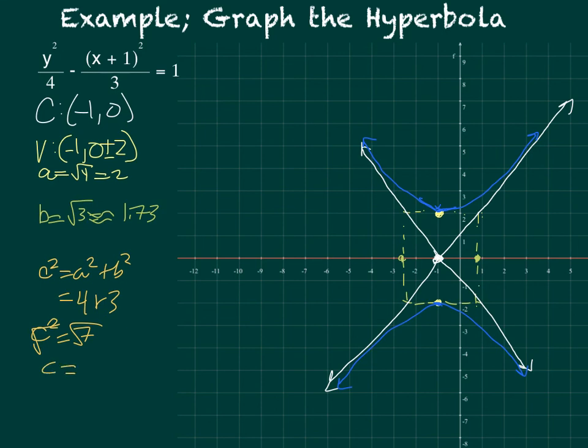So c equals the square root of 7, which is roughly equal to about 2.65 if you want to be a little more exact. So my focus points are going to be down from the center 2.65, about there, and about there. So those are my focus points, and there's your vertical hyperbola.